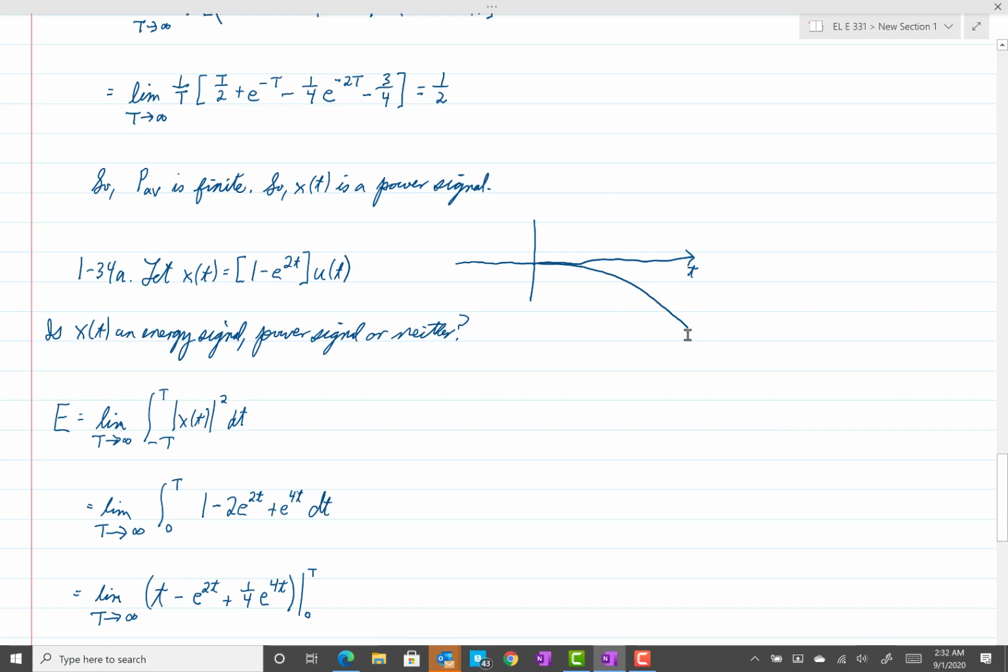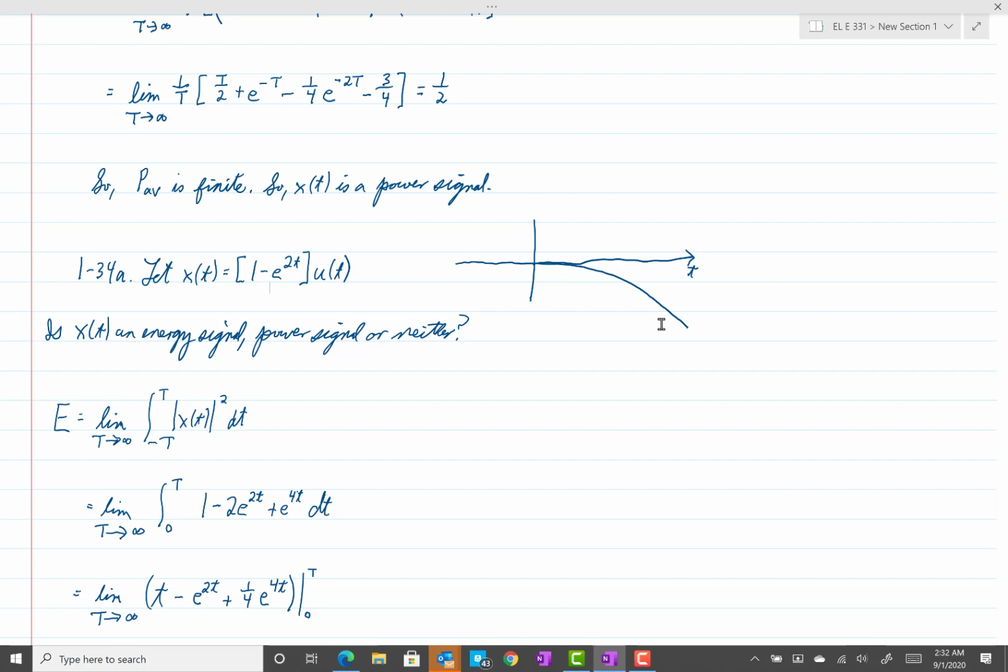It's because of the rate of increase of this, which is exponential. You might say, well, I said increase, this is decrease. Okay, that's fine. But remember, we will be squaring this down here in the integral. But if the rate at which this is increasing or decreasing is not too big, we might still get a power signal.